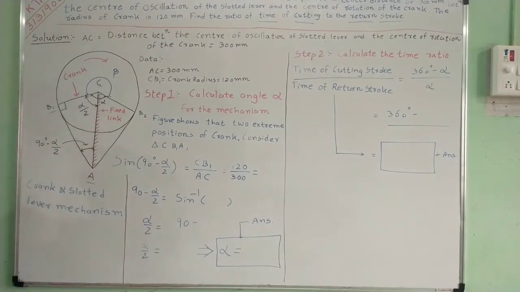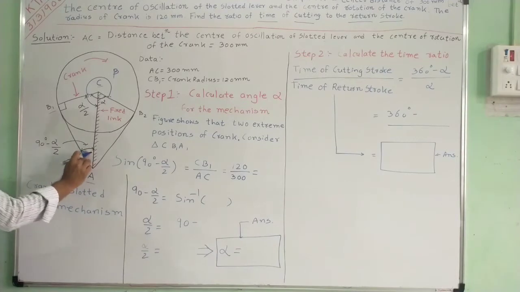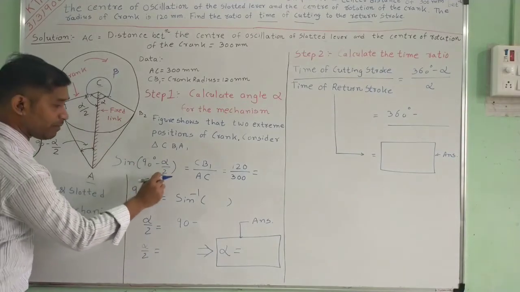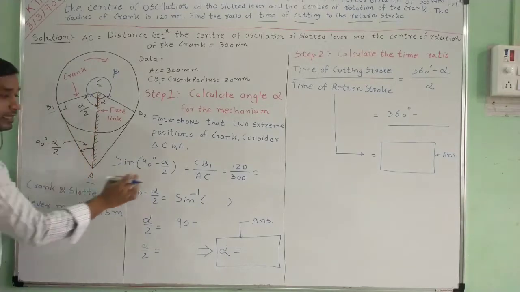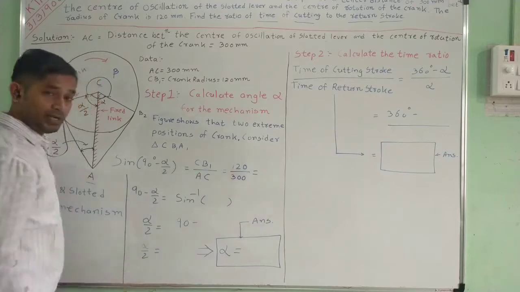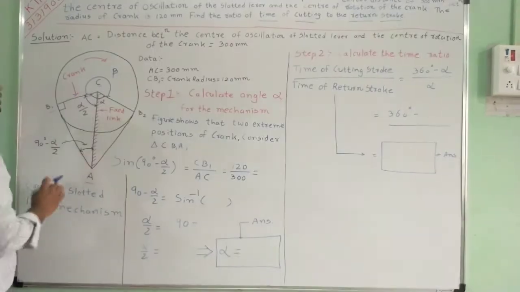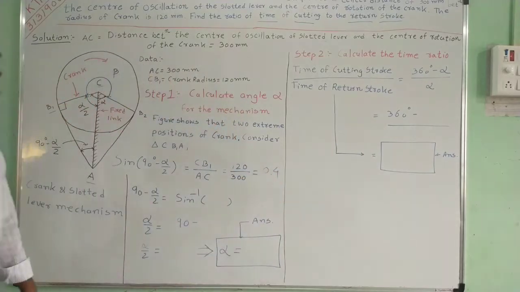Very simple, it's a mathematical rule. Now we use the sine rule. We have to find this one angle. Sine of (90 minus alpha by 2) is equal to the opposite side CB1 upon the adjacent side AC. Now CB1 is equal to 120 and AC is equal to 300. So the answer is 0.4.